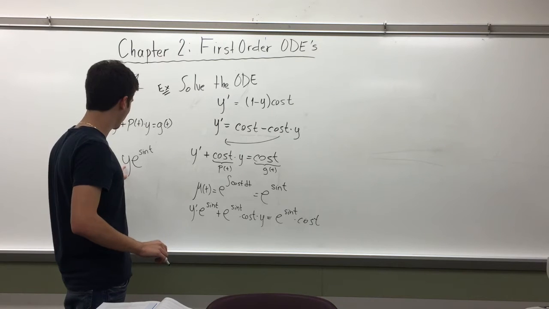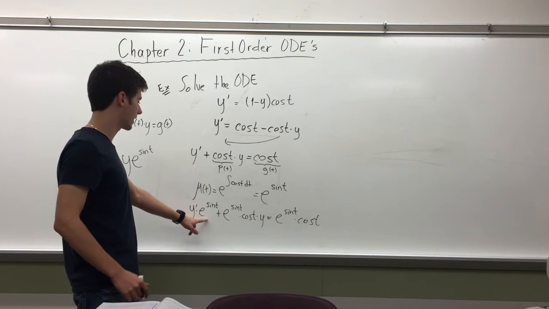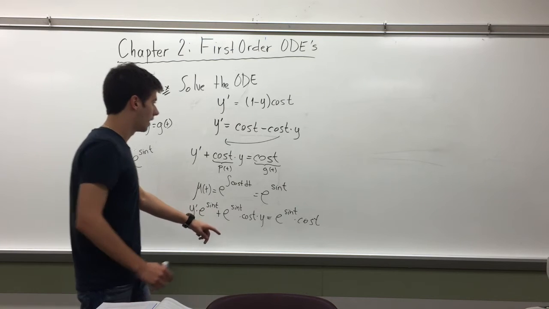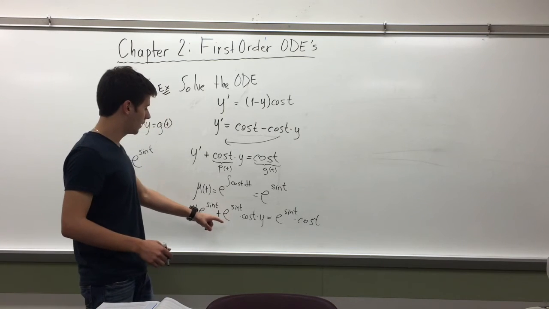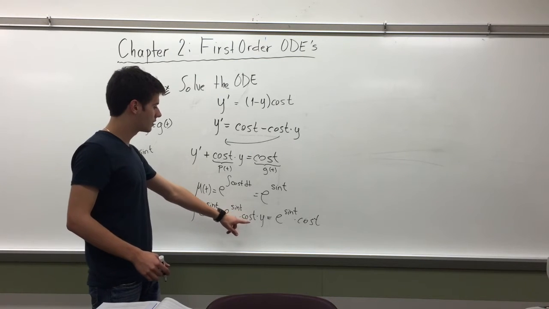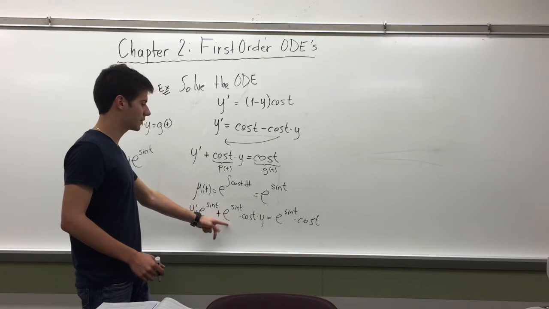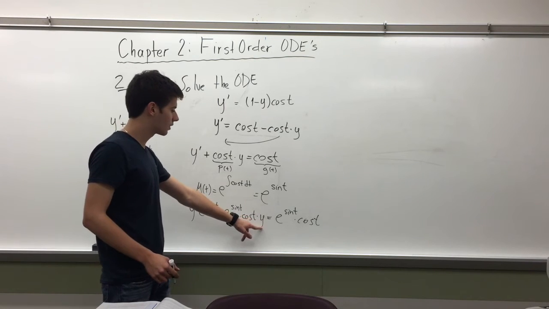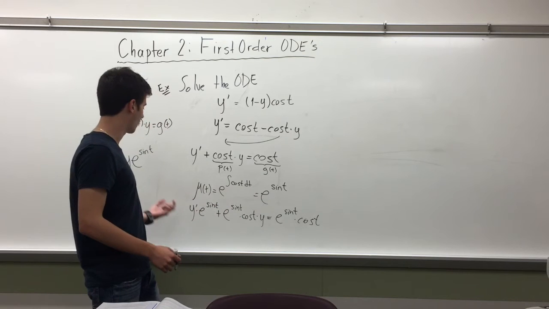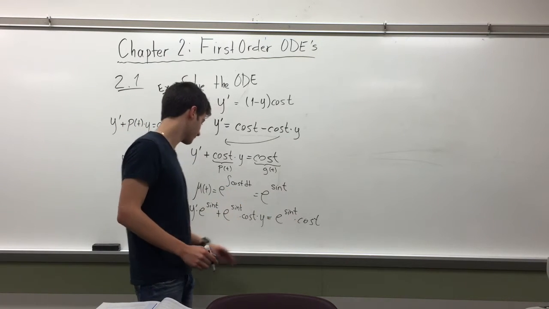If we take the derivative of y, we're going to have y prime, keeping e to the sine of t. And if we take the derivative of e to the sine of t, the derivative of sine is cosine of t, so we're going to have cosine of t times our exponential function, times y, keeping our first function.